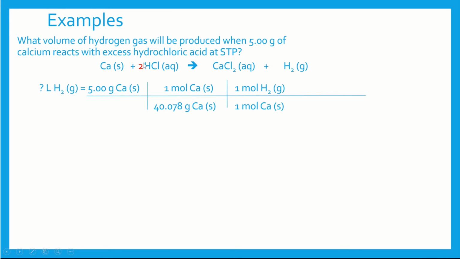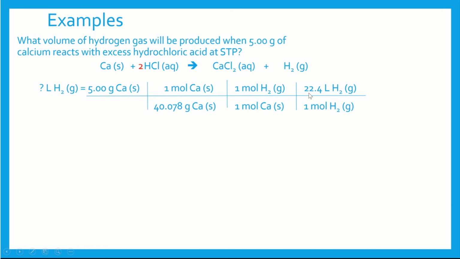Now we can use our balanced equation to go from 1 mole of calcium to 1 mole of H2 gas. And then finally, hey, there it is, Avogadro's law, 22.4 liters per mole of hydrogen. So we can factor that we would make 2.79 liters of hydrogen gas.